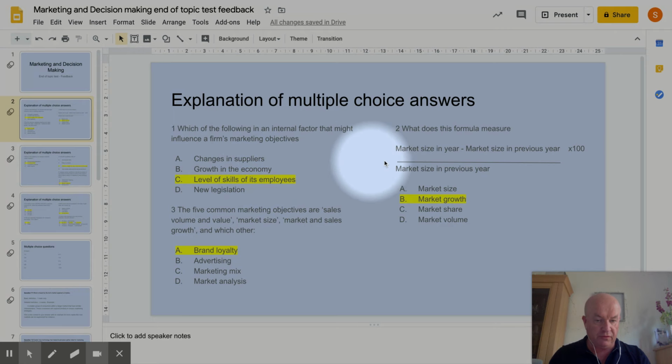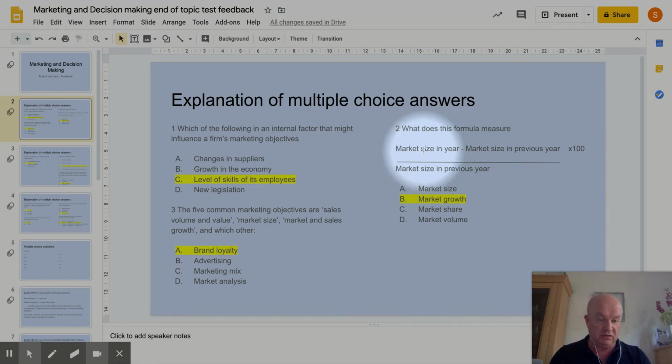I'm going to jump across to the second question now, which is a formula question. What does this formula measure? In this case, we've got market size in the year, take away the market size in the previous year, divided by the market size in the previous year, times by 100. So essentially, we're looking at the growth in the market from one year to the next.